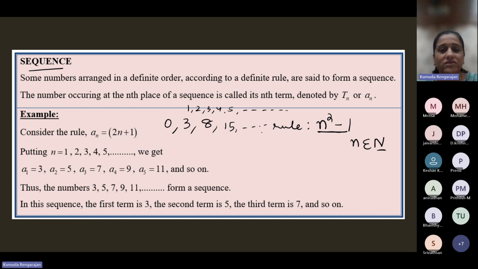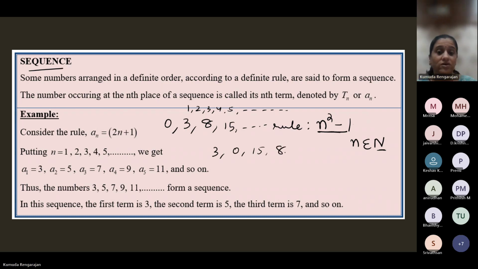So these numbers form a sequence. Why a sequence? Because we have written a set of numbers in a specific order. You cannot change the order. You cannot write 3, 0, 15, 8.